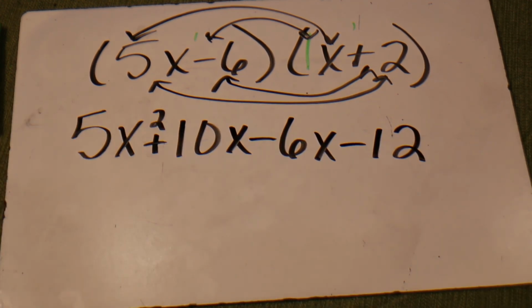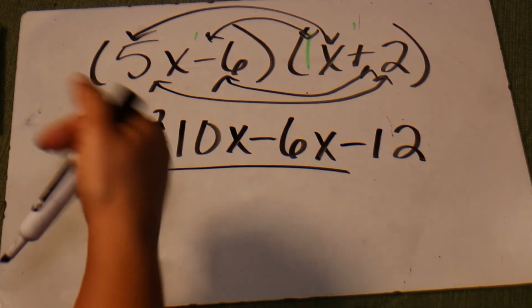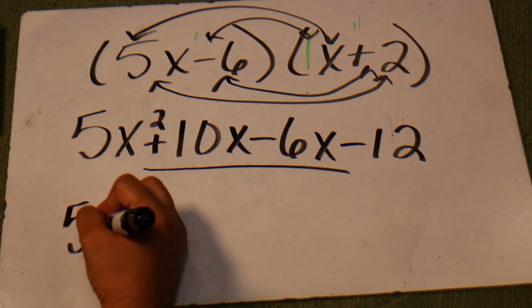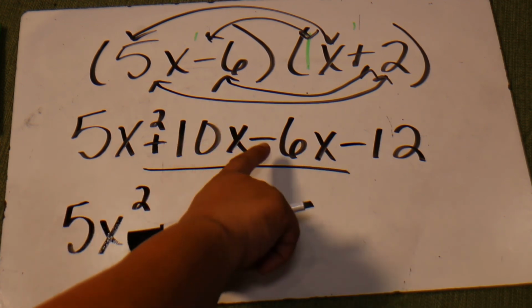Okay, so now what do we ask ourselves? Can we combine? Yes, we can. We have these two terms because they have the same x value. So now we're going to just write the 5x to the second. Now we're combining terms.